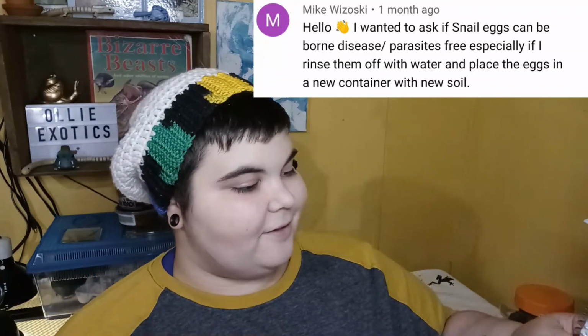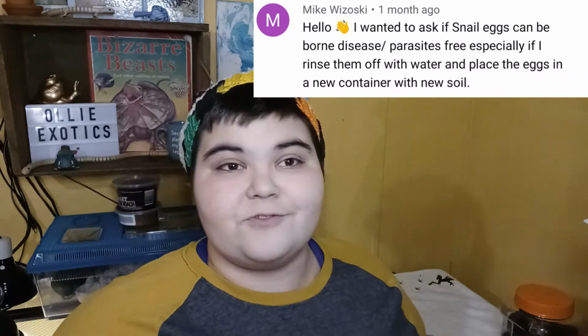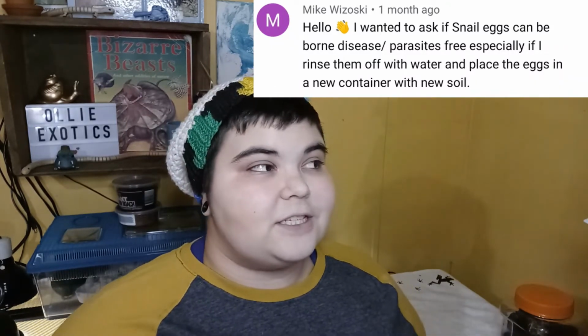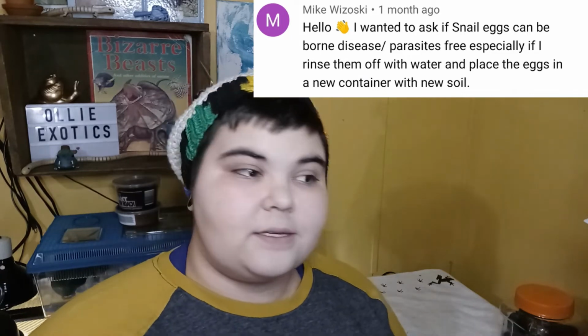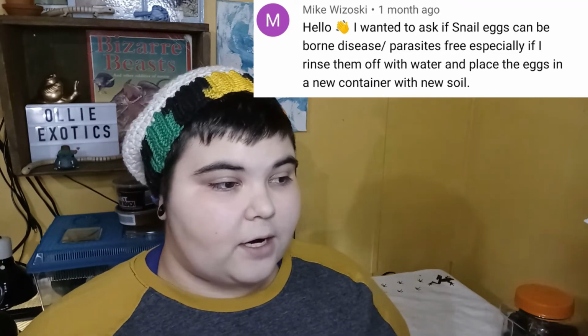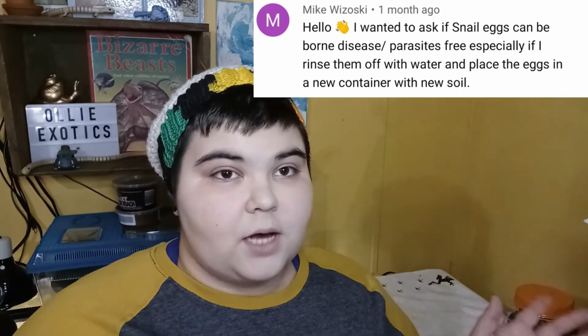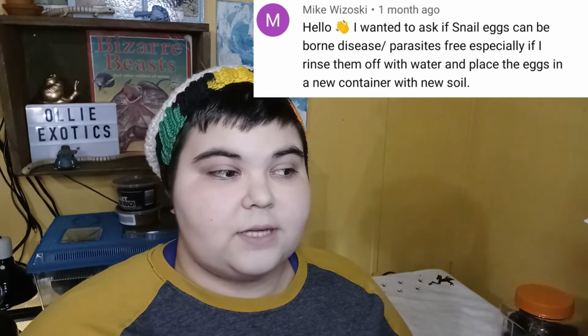Mike Wazowski asked if snail eggs can be born with a disease or a parasite, like captive bred, especially if you put them in a separate enclosure. They should be fine. As far as I'm aware, they can't really be born with those things. There are some snails that have genetic issues.